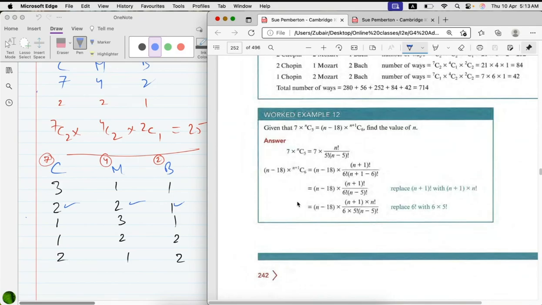Okay, thank you. So, given that 7 into NP5 equals (N minus 1)8 into (N plus 1)C6. As written in the first part, on the left hand side, NC5 is N factorial over 5 factorial into (N minus 5) factorial.